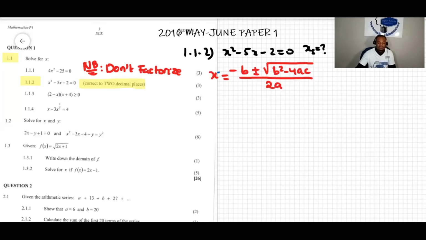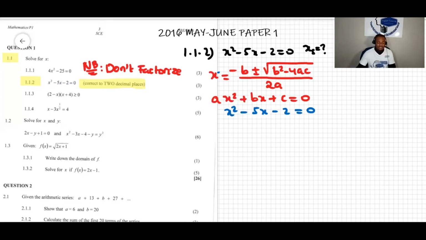And then the quadratic equation itself is ax squared plus bx plus c equal to 0. This is the quadratic equation. Now our equation is x squared minus 5x minus 2 equal to 0.